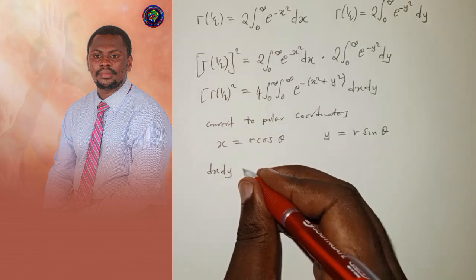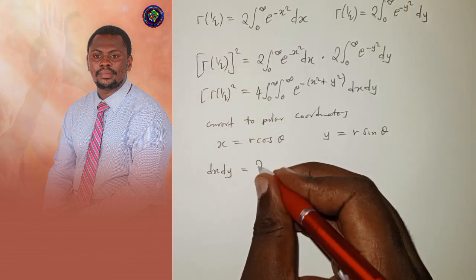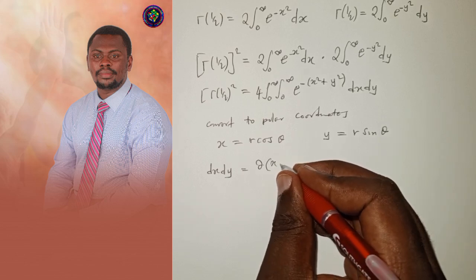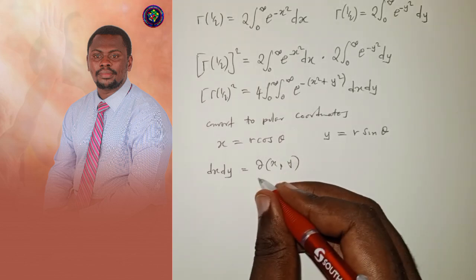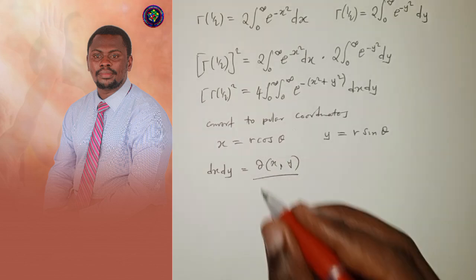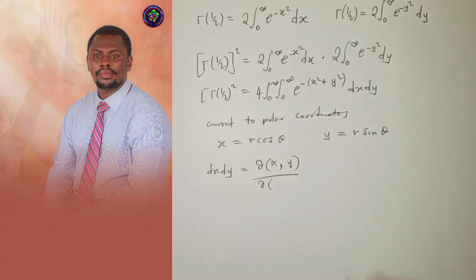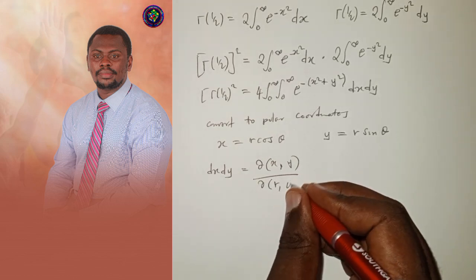So this is equal to the modulus of the partial derivative of x, y with respect to the partial derivative of r, theta.